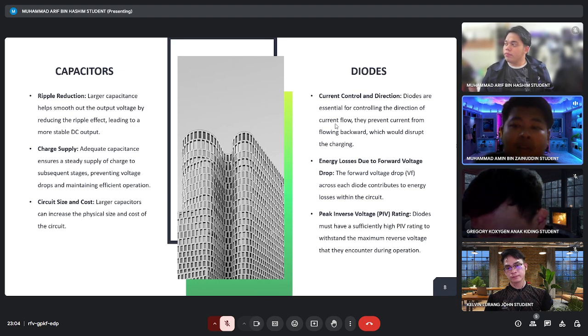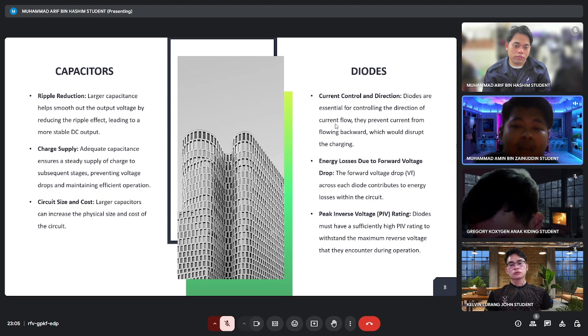For the energy loss, the forward voltage drop across all diodes contributes to energy losses within the circuit. And for the PIV, which is peak inverse voltage, diodes must have a sufficiently high PIV rating to withstand the maximum reverse voltage they can encounter during operation.